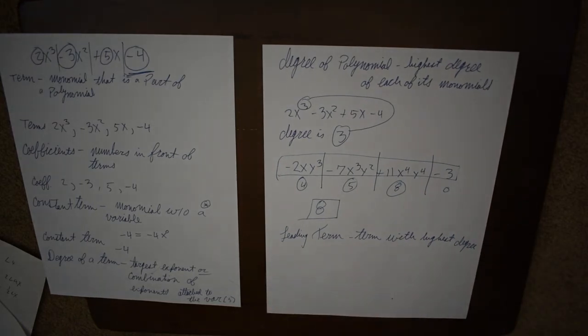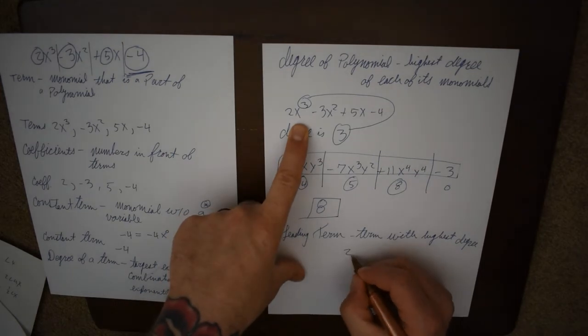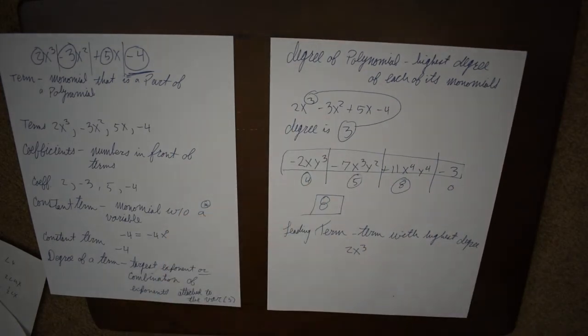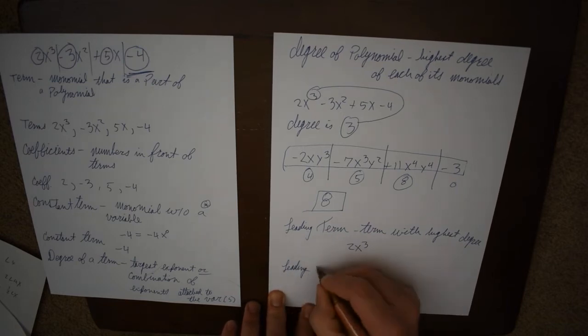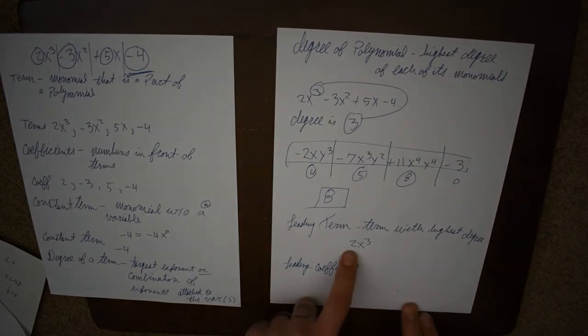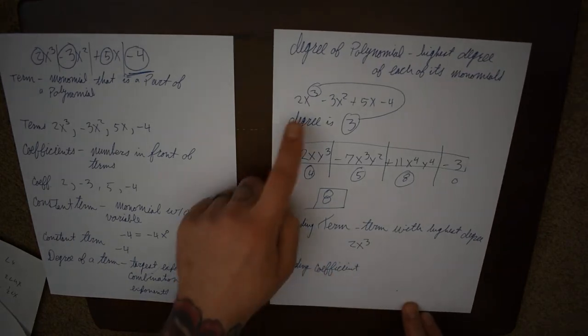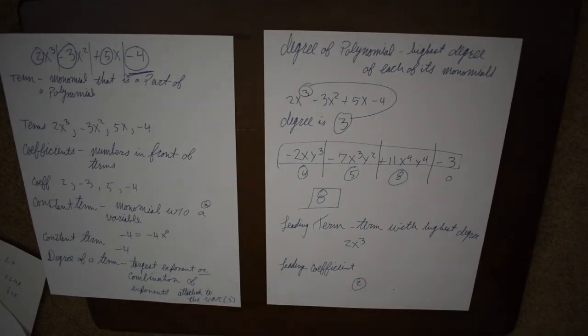So the leading term in this polynomial is going to be 2x cubed, and the leading coefficient is the coefficient in front of the leading term. So in this polynomial, our leading coefficient is going to be 2.